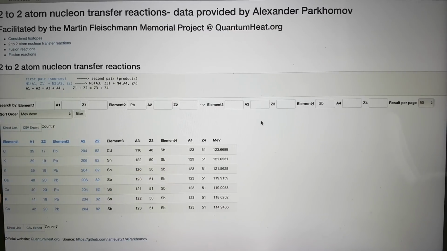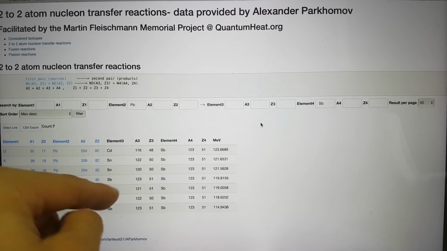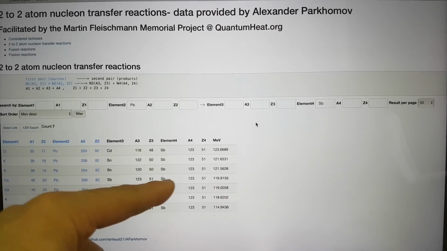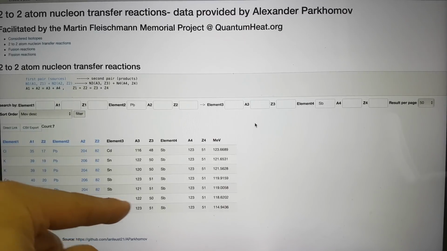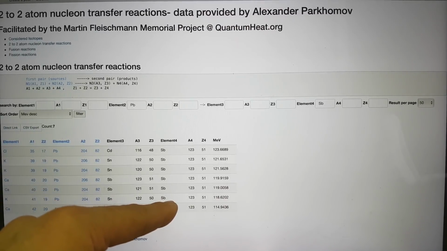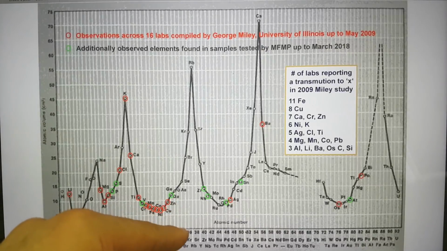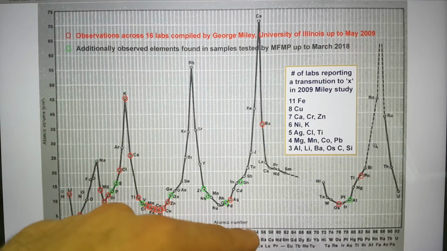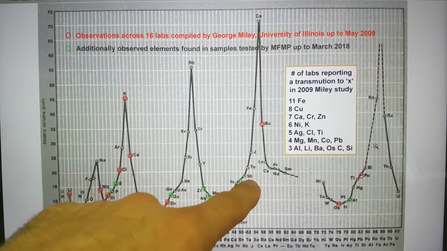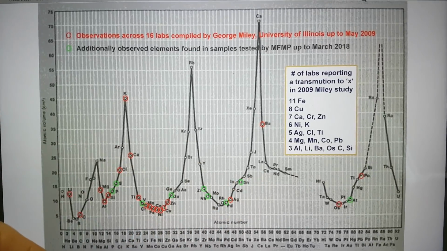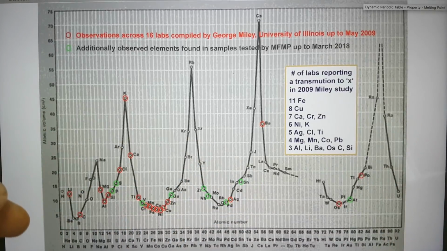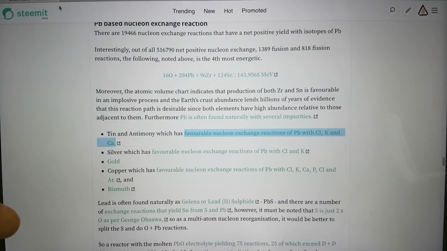Calcium and calcium, and you can breed calcium from potassium with a hydrogen atom. You can get antimony, and with potassium here again, tin and antimony. And looking at this, where you have Sn and antimony here, they're right in the middle of the table, and it's almost like they're splitting in half.